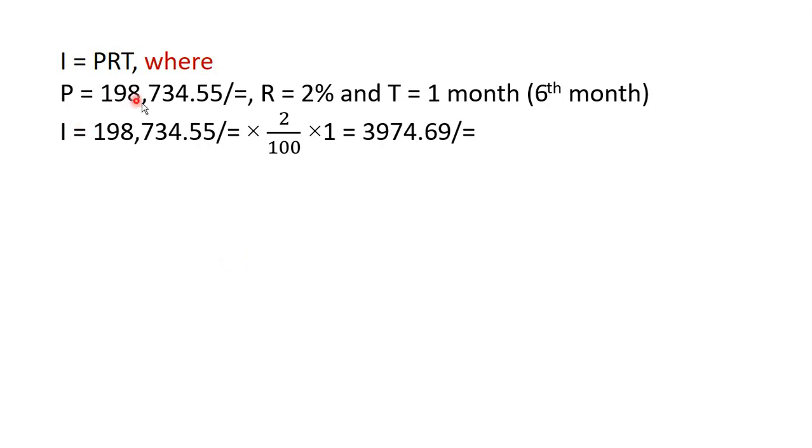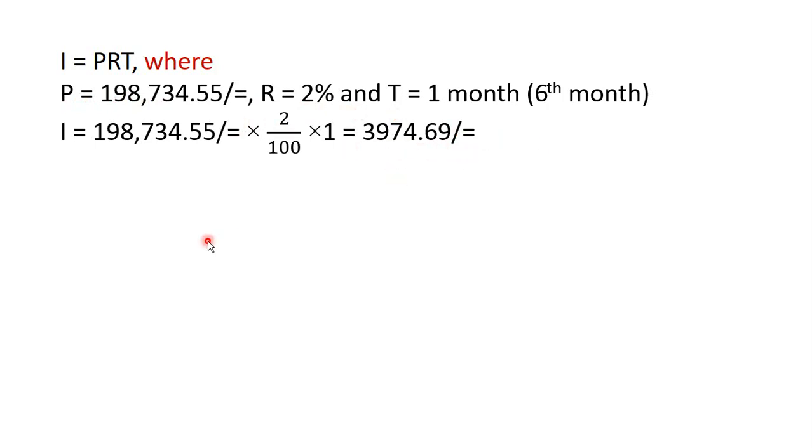So remember, the amount in the 5th month was this, and this is the interest for the 6th month. If you want to get the final amount, it's going to be the principal in that 6th month plus the interest in that 6th month.